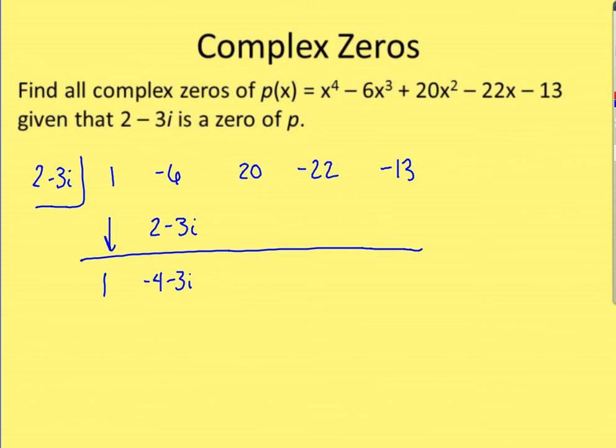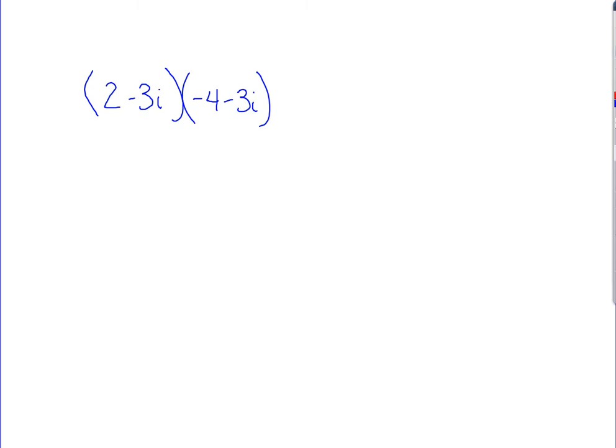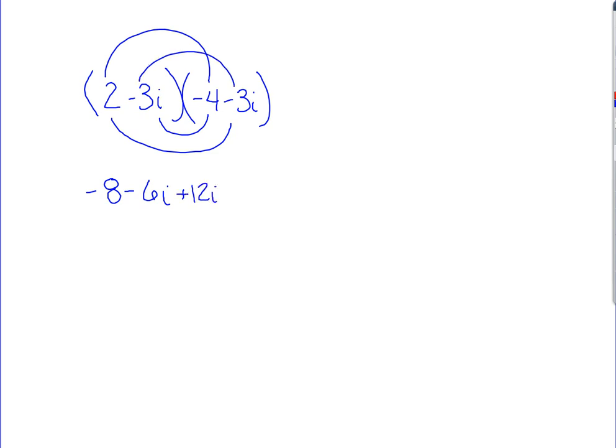To do that, we are going to have to FOIL. So 2 times negative 4 gives us negative 8. 2 times negative 3i is going to give us negative 6i. Negative 4 times negative 3i gives us a positive 12i. Negative 3i times negative 3i is a positive 9i squared.